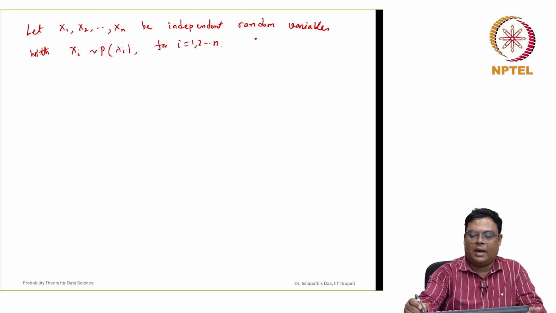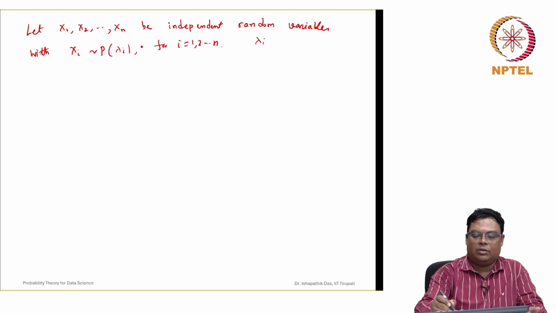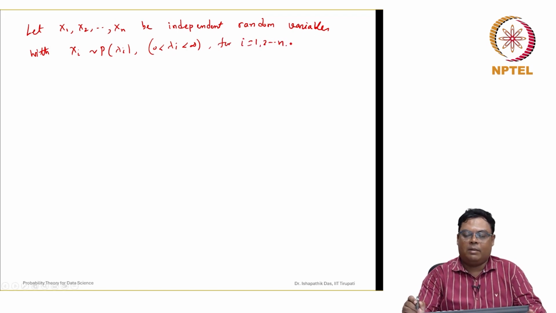Here all lambda_i should be greater than 0 for i equal to 1 to n. So they are independent random variables.